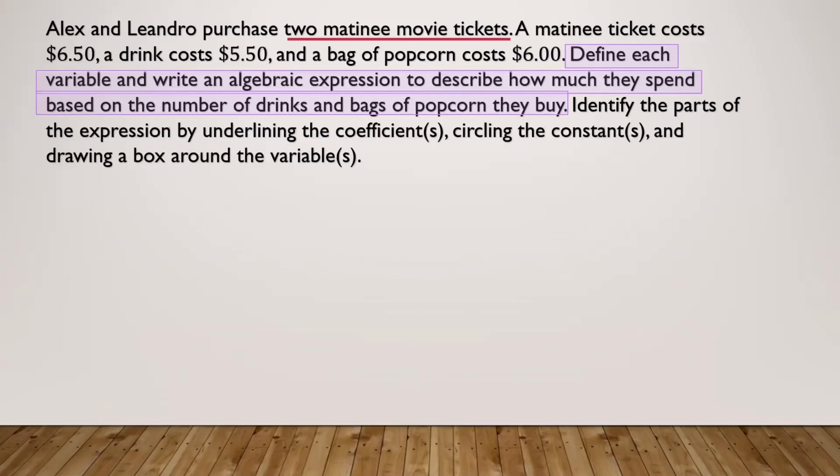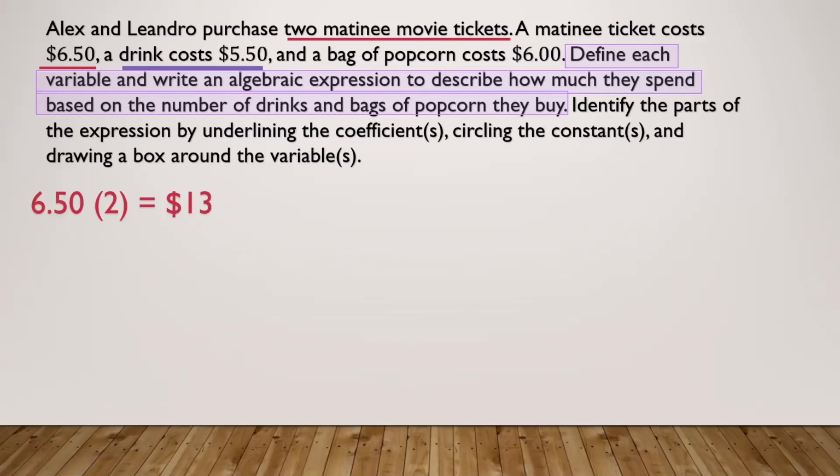Okay, I know what a matinee ticket costs me. Okay, that cost me $6.50. So we can say that $6.50 times 2, I already know they're spending $13. They have to spend $13 to get into the movie theater, okay? So let's go back. A drink costs $5.50.